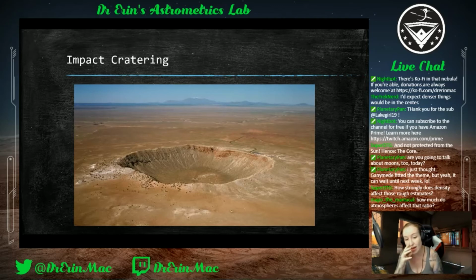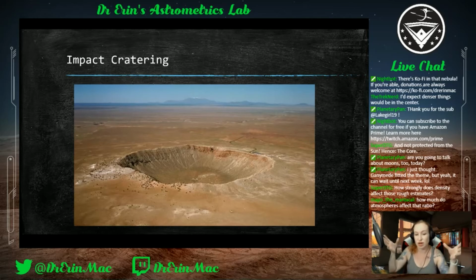How much do atmospheres affect that ratio? That's a really good question. The initial impact crater is just going to be what specifically hit the surface. So let's say, for example, we take a 5 kilometer wide asteroid. By the time it gets to the surface, if there's an atmosphere, it will have eroded away some of the size of that asteroid.